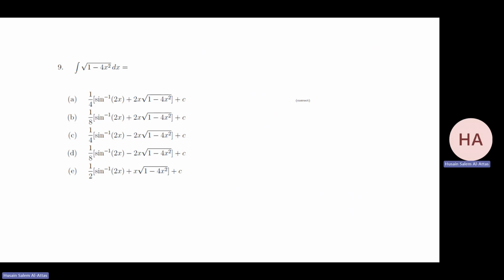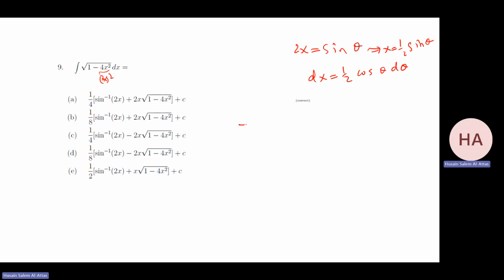Square root of 1 minus 4x squared. This is just 2x all squared. So I let 2x be sine theta. So it means x is half sine theta. Half sine theta, not 2 theta. Half sine theta. dx will be half cosine theta d theta.